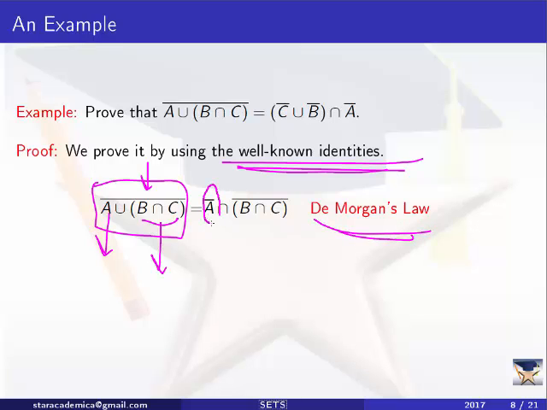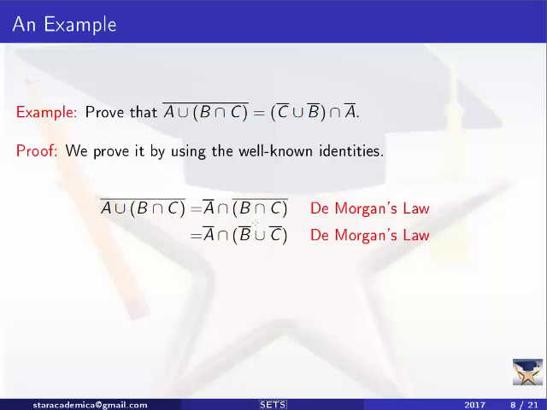We have A complement intersect B intersect C complement, since union becomes intersection. Second, we want to reach this conclusion, so we can apply De Morgan's law to this part only. So B complement, intersection becomes union, and C complement. So far so good. They don't look the same, but they are close.